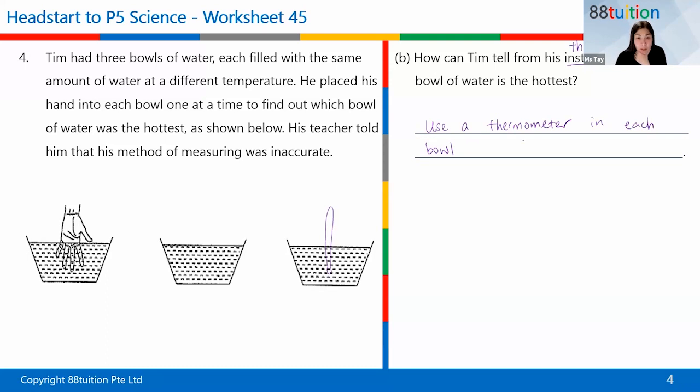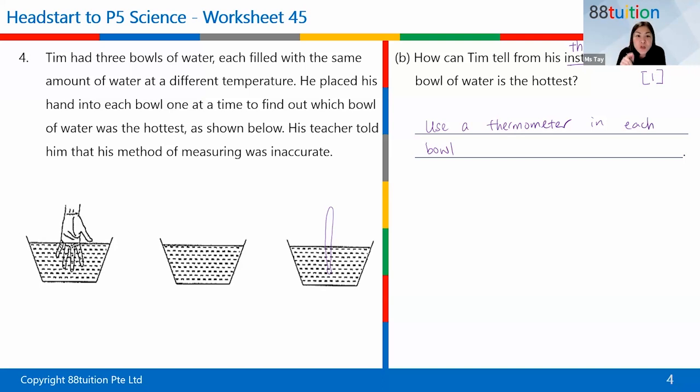So I use a thermometer in each bowl. I put the thermometer already. Am I able to know which one is the hottest? Yes or no? No. How many marks would you give Jerome if, let's say, this is a 1 mark question? How many marks? Quickly. Jerome, you mark yourself already.